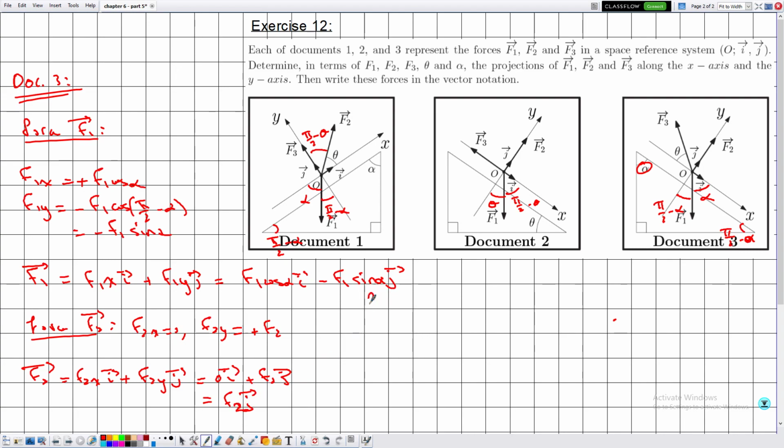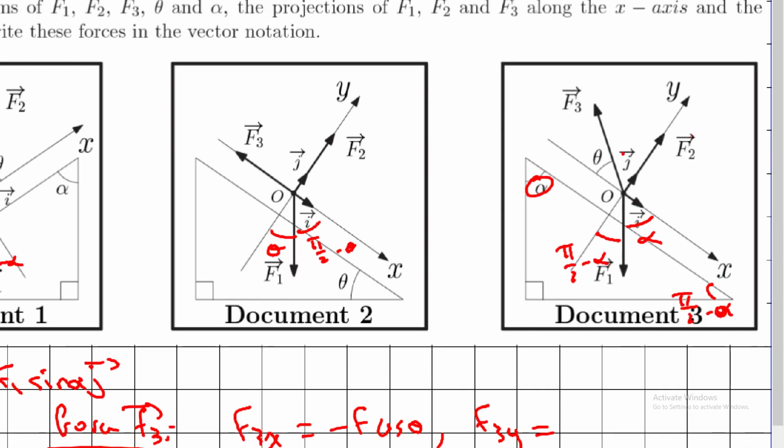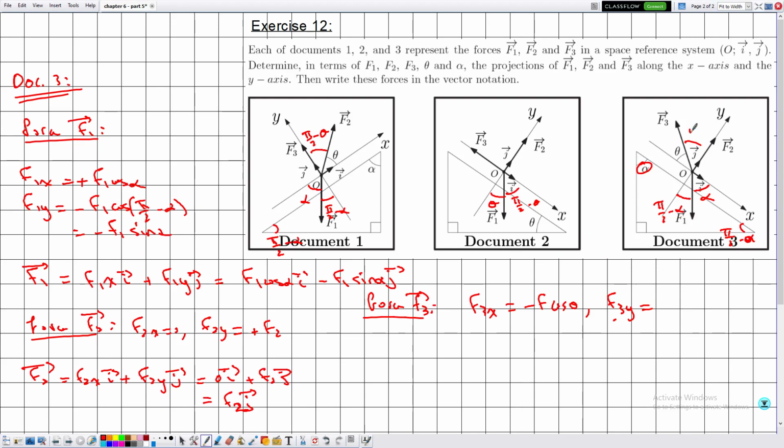Now as for the force vector F3, F3x is pointing in the negative direction and the angle is theta, so minus F3 cosine theta. As for the y, notice that if this is theta, then this is pi by 2 minus theta, so pointing in the positive direction, F3 cosine of pi by 2 minus theta, which is equal to F3 sine theta.